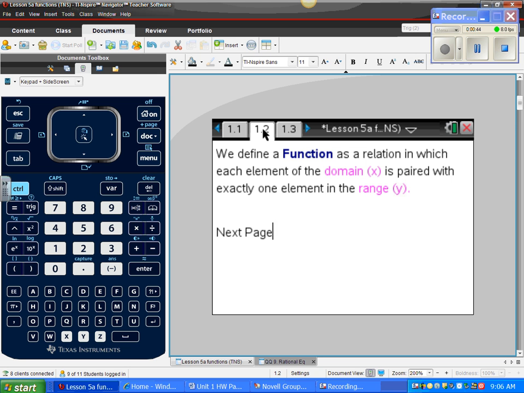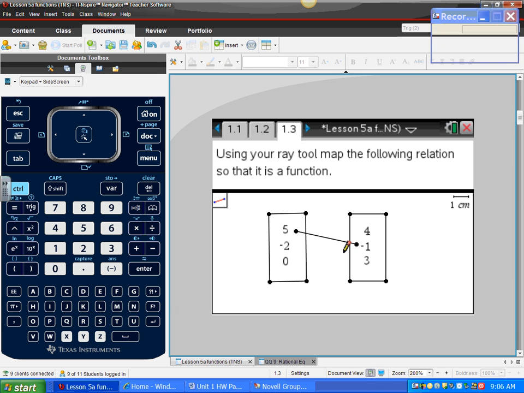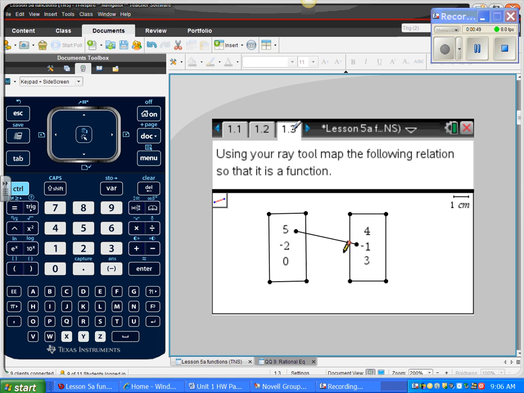So if I were to look at something like this, and this is called mapping, if I wanted to map something, I could map this, okay? What I can't do is this, because what have I just done? Why can't I have that green line?